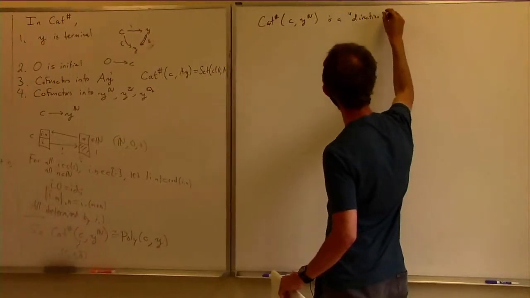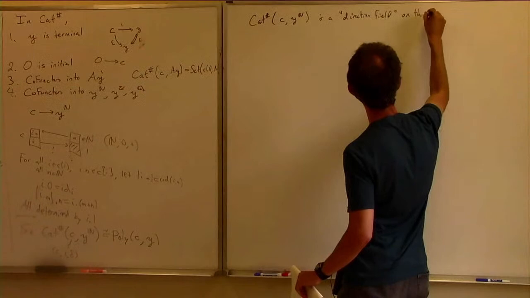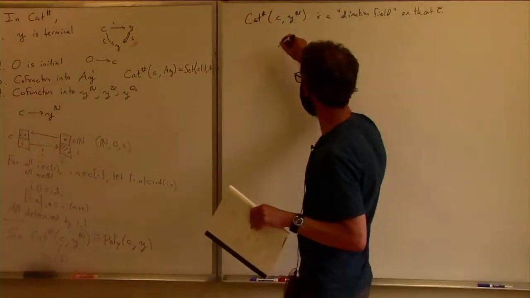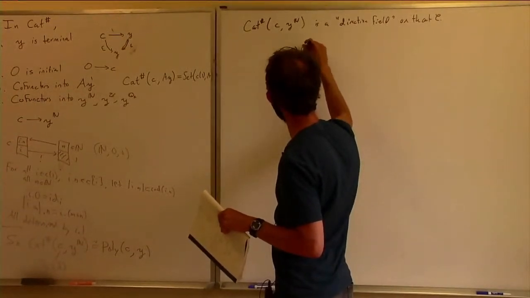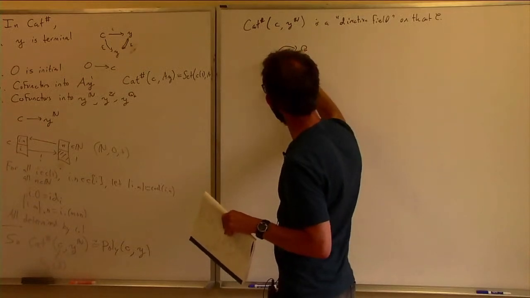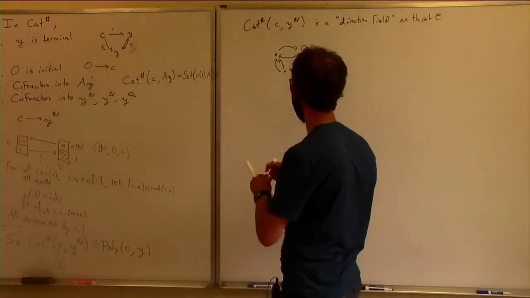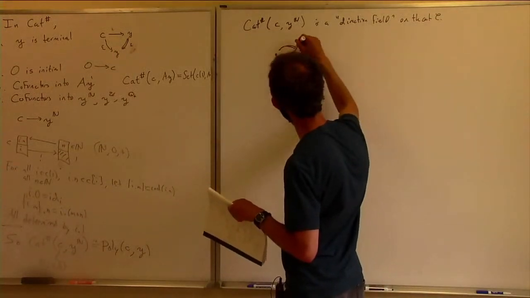I guess I'm defining direction field right now on the category. You have this category, it's got lots of objects and morphisms, all sorts of stuff, and for every object, you're picking one morphism out of it.